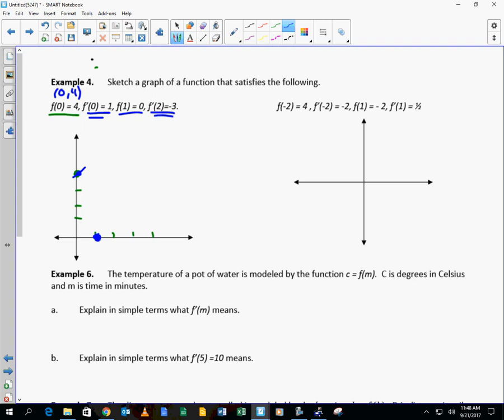F prime of 2 is equal to negative 3. Do I know what the y value is at that spot? I don't. I just know the slope, right? So I've got to have a slope that's negative. It looks like before that I'm here at 1, 0, so I'm just going to draw a slope of about negative 3 somewhere around there.